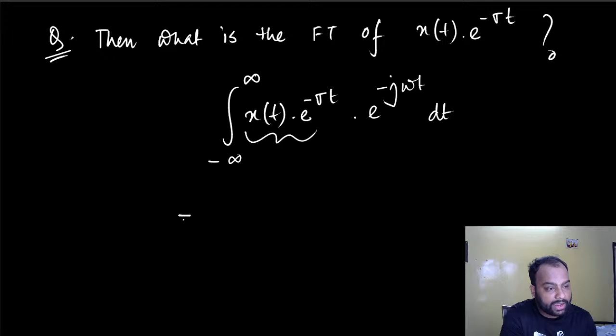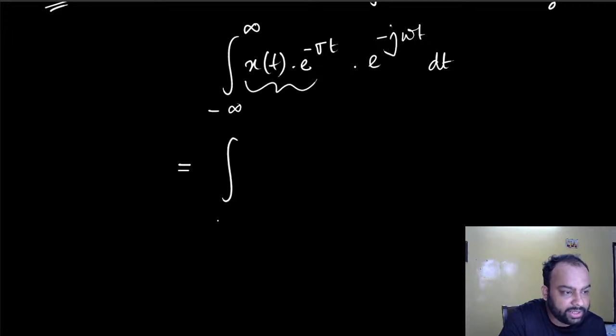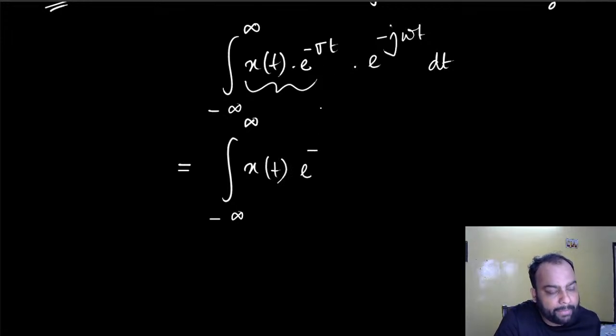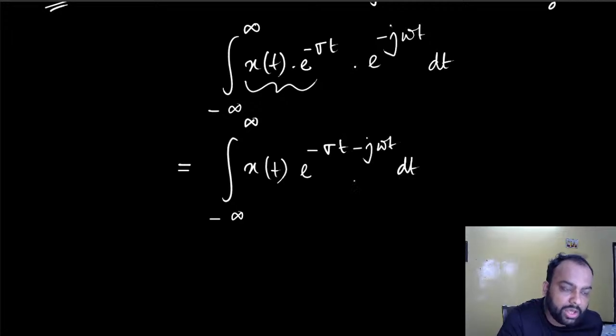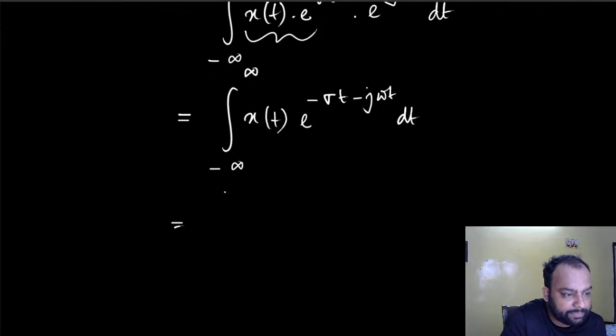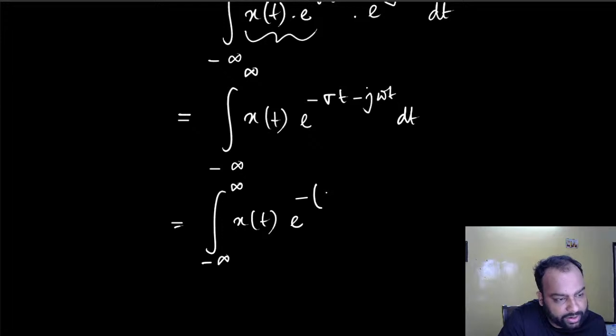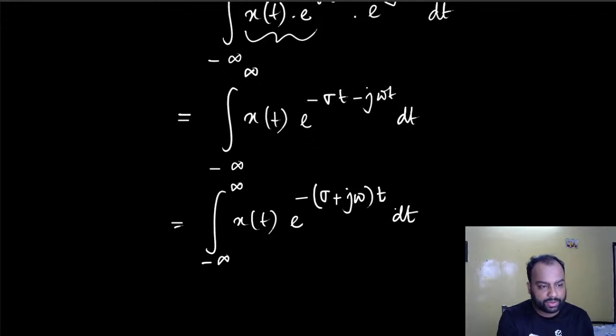Now, can I write that this is essentially the integral from minus infinity to infinity of x(t) e to the power minus sigma t minus j omega t? I have multiplied the exponentials, so I can take the minus sign out and write minus (sigma plus j omega) t, with dt.